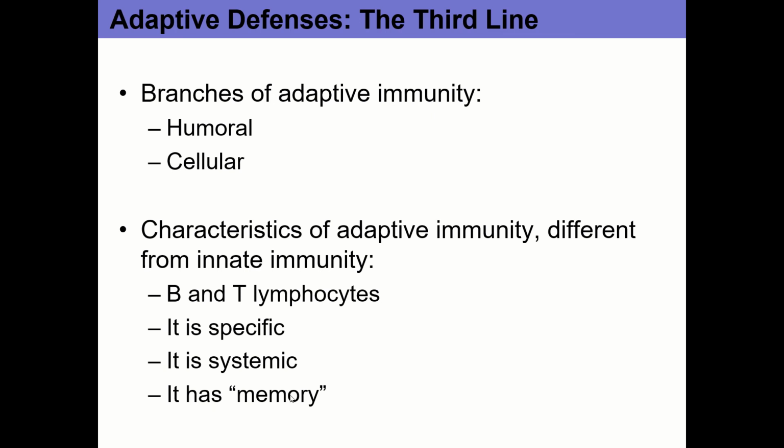And then it has memory. As you'll see here, when the B cells and the T cells become activated, they make copies of themselves, and one set of copies are your memory cells. The memory cells have receptors for a particular antigen, for example, the COVID-19 antigen, and they will remember that antigen so that the next time they see it, we can ramp up our defenses much more quickly.